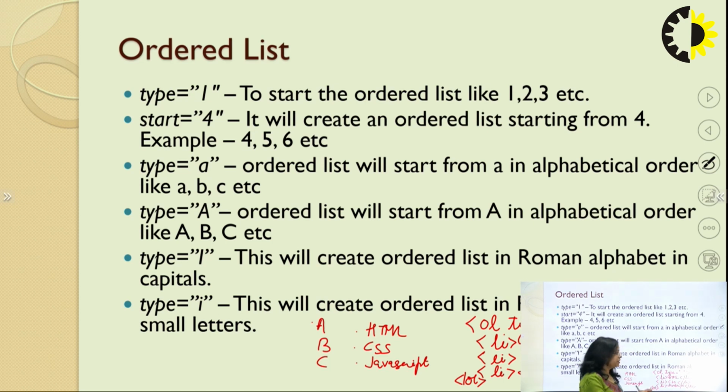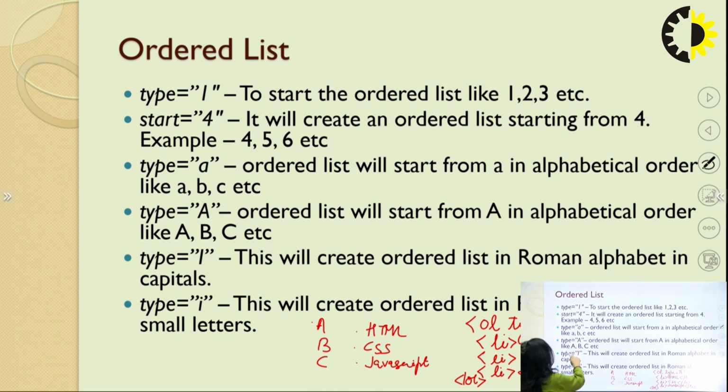Just type is equal to capital A here. If we write in this way, all the elements will be assigned in alphabetical order in uppercase. So, this is another way of representing the items in alphabetical order uppercase.